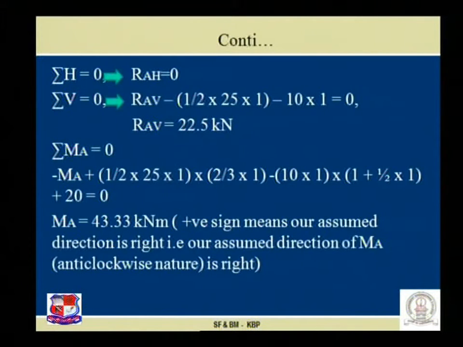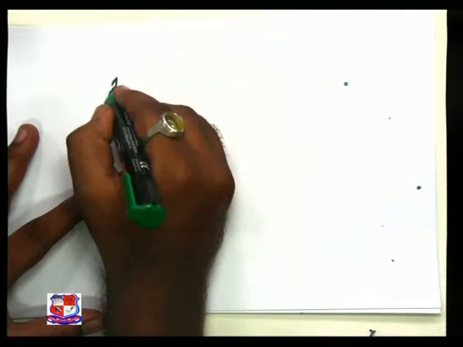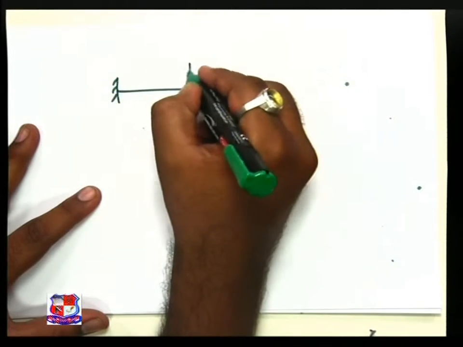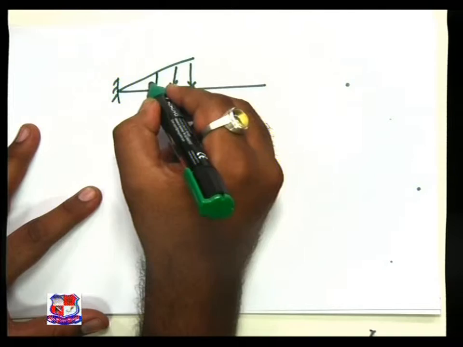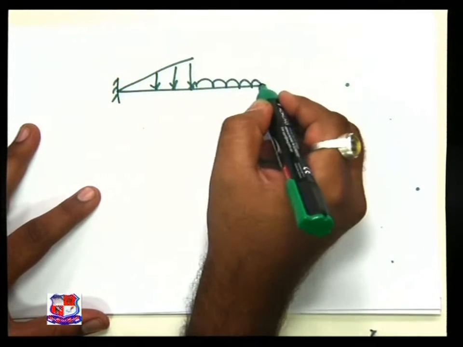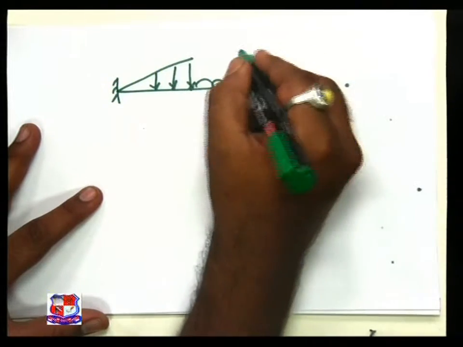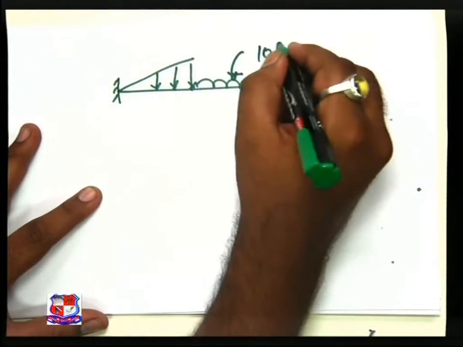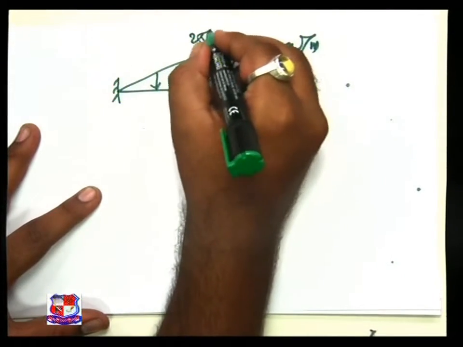Let us plot over here the tabletop. The first is this UVL, next this UDL, 20, this is 10, this is 25.